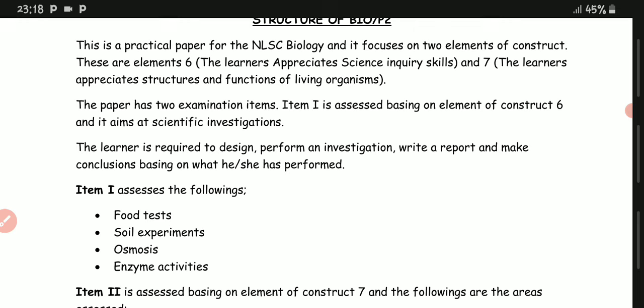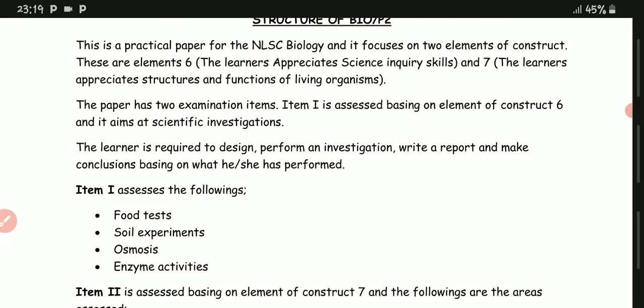Paper 2 and paper 3 both have 2 examination items. Item 1 is assessed based on element of construct 6, and it aims at scientific investigation.